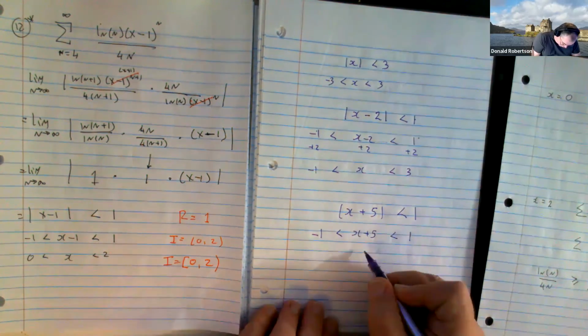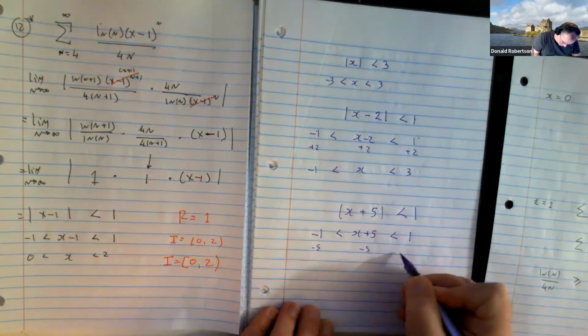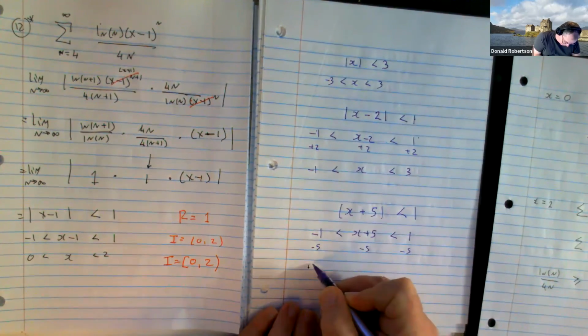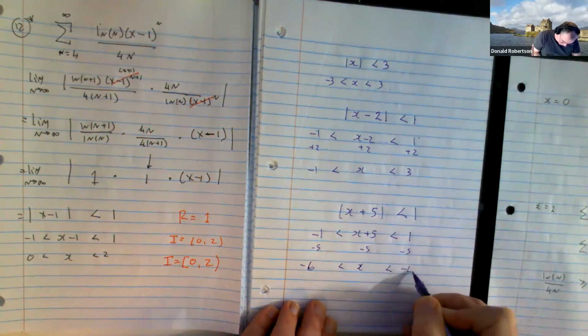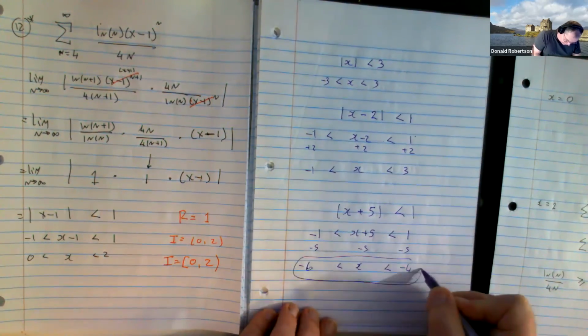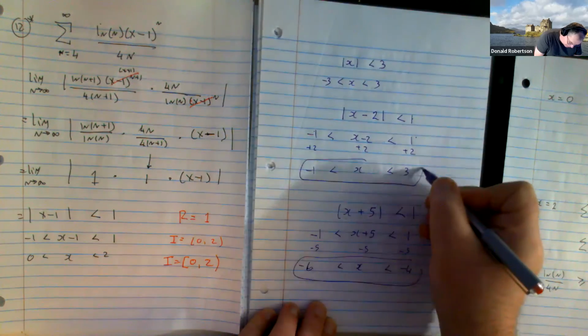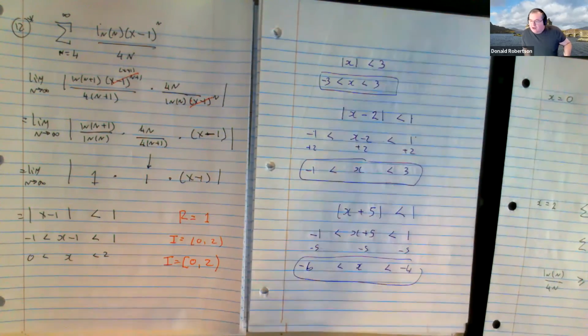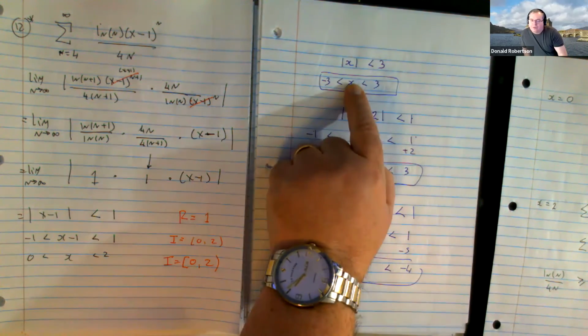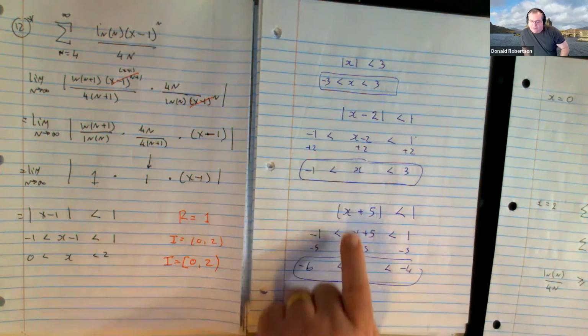Now, in this case, won't you subtract 5 from everybody? And that gets you -6 and x in the middle and -4, because we want, in every case, to know the range of x's, right? What does x start and finish at? So here it's between -3 and 3, here it's off center, here it's off center.